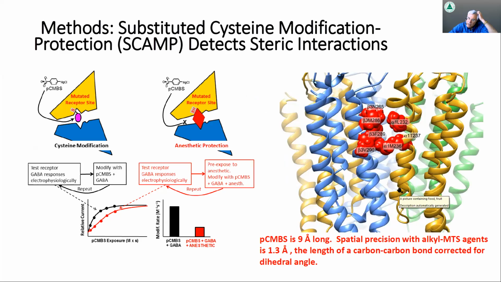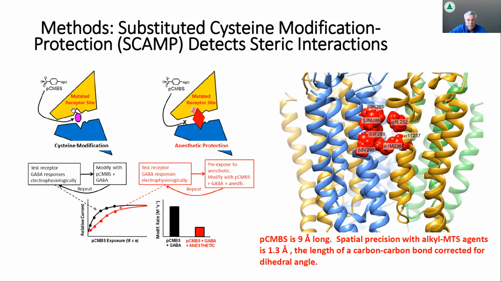So in terms of the hypothesis and the methodology, what we're trying to do here is to gain more precision using a technique called SCAMP, or substituted cysteine modification protection, that we've actually used for a number of years. On the left is the general model of SCAMP.